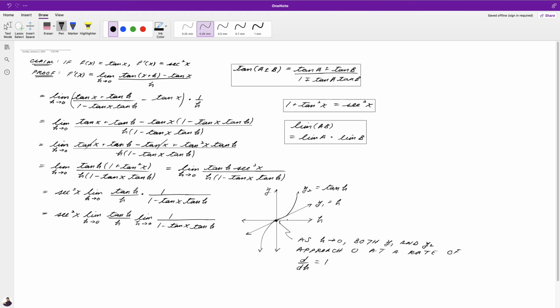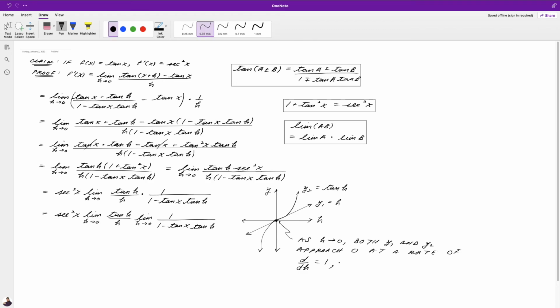And because the limit is not concerned with what happens at, but what happens near, I can let h get as close to 0 as I want, and I know that the limit as h goes to 0 of the ratio of y1 over y2 is going to be 1. As h goes to 0, both y1 and y2 approach 0 at a rate of d/dh equals 1. The instantaneous rate of change is going to be 1.